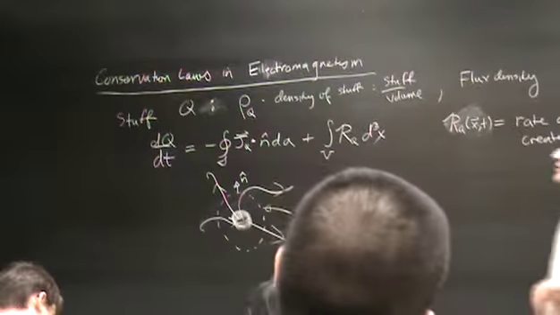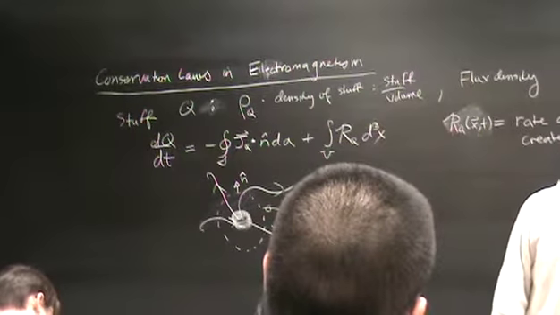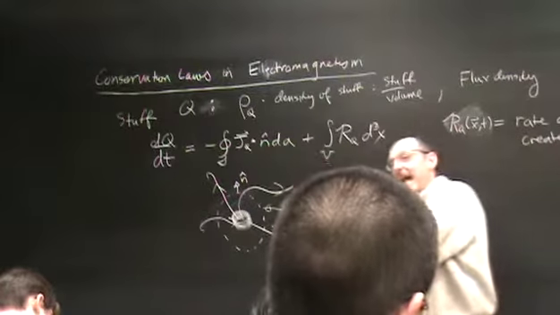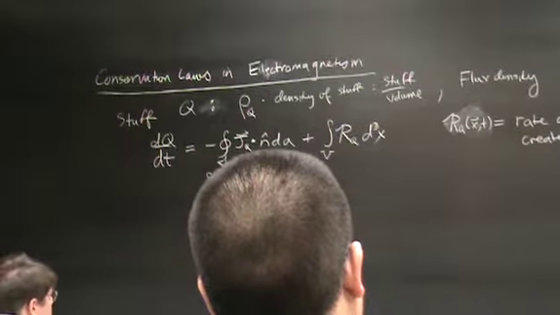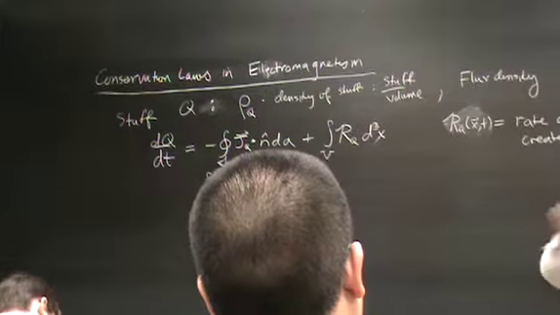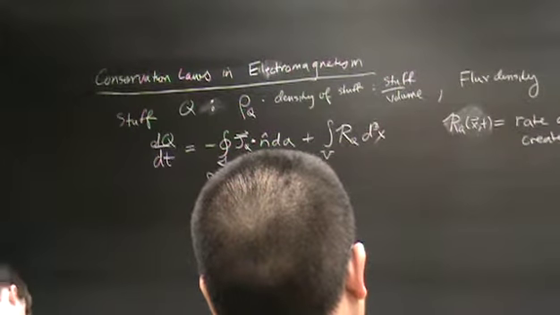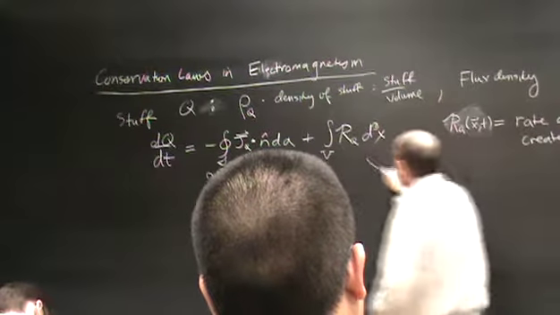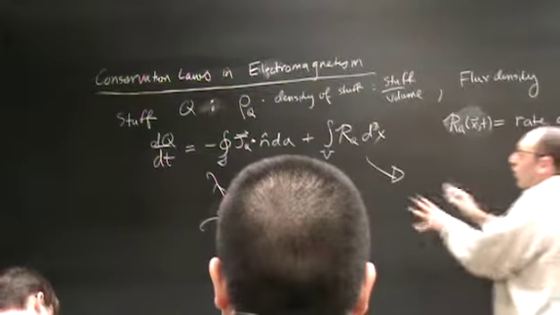But if we're talking about something like electromagnetic energy, well, then it can be created. Of course, it comes from mechanical energy or some other source. But if we just concentrate on the electromagnetic energy, it can be created or destroyed and transferred between the fields and the charges.